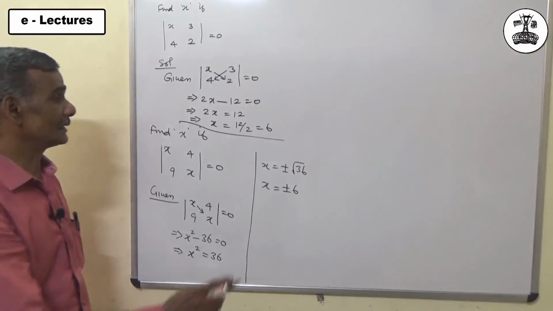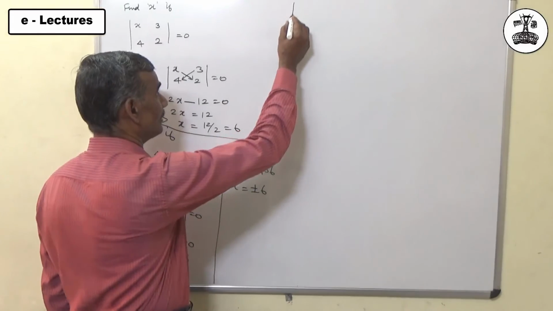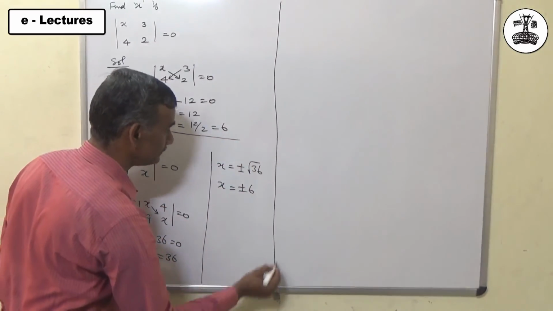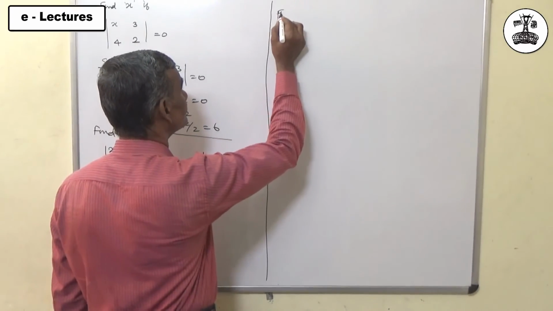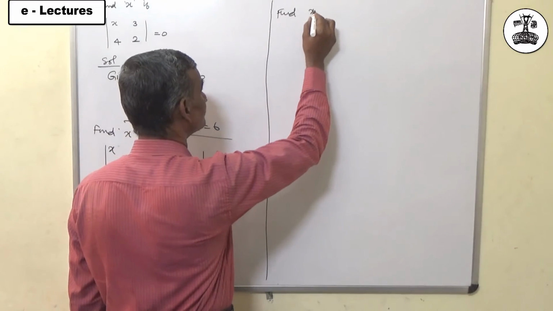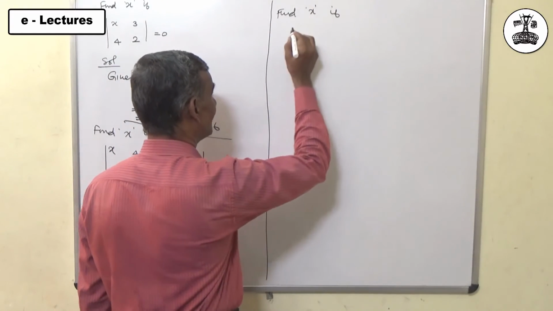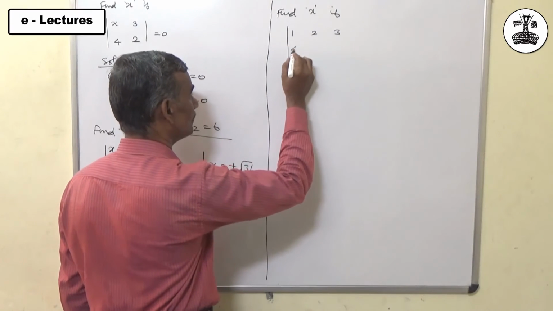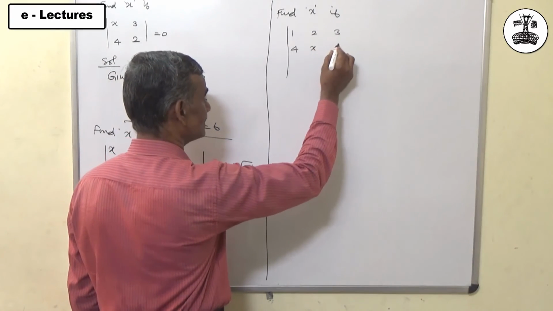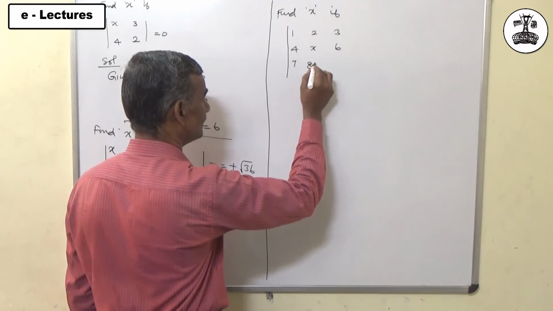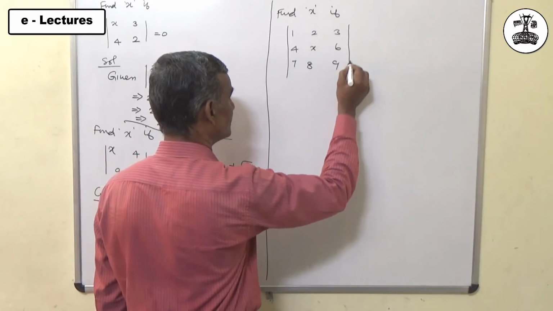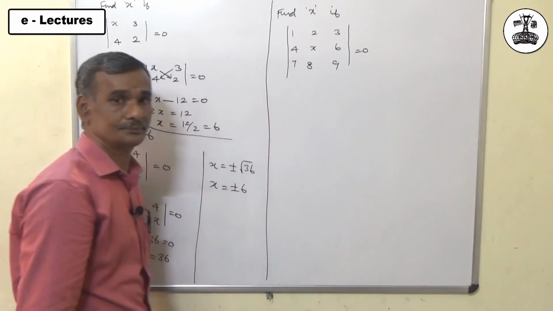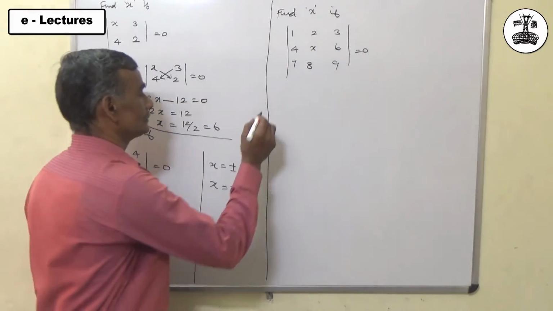Right. Next, find the value of x if the determinant 1, 2, 3, 4, x, 6, 7, 8, 9 is equal to 0. Solution.